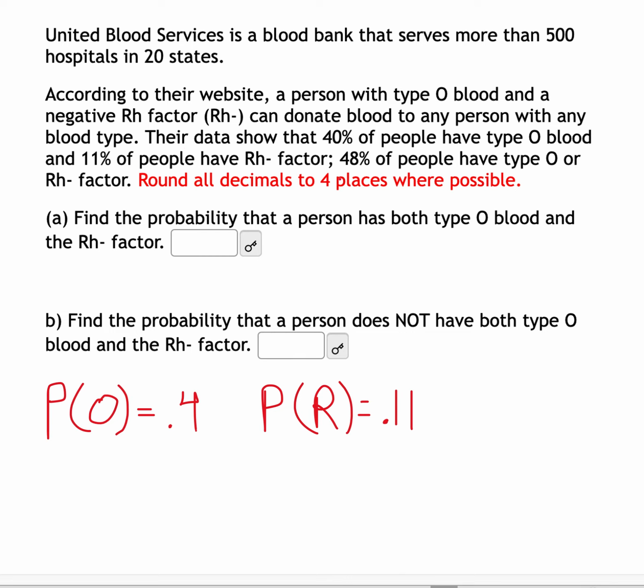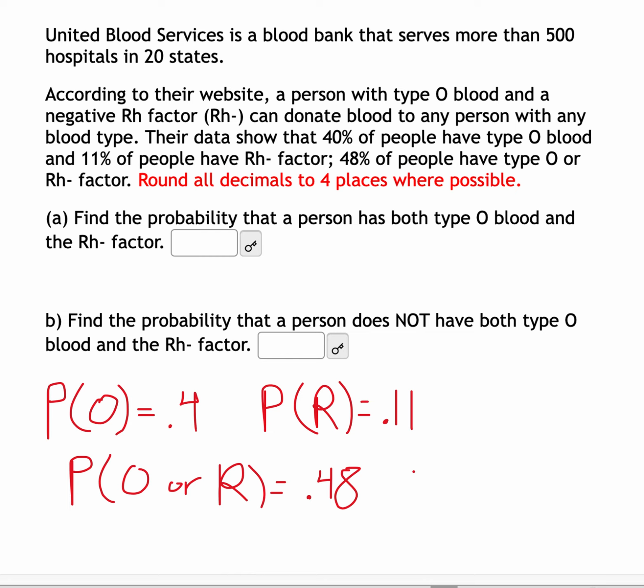Then the last piece of information that's given to us is that 48% of people have either O or the Rh negative. So I'm going to put down that the probability of event O or event R is 0.48.